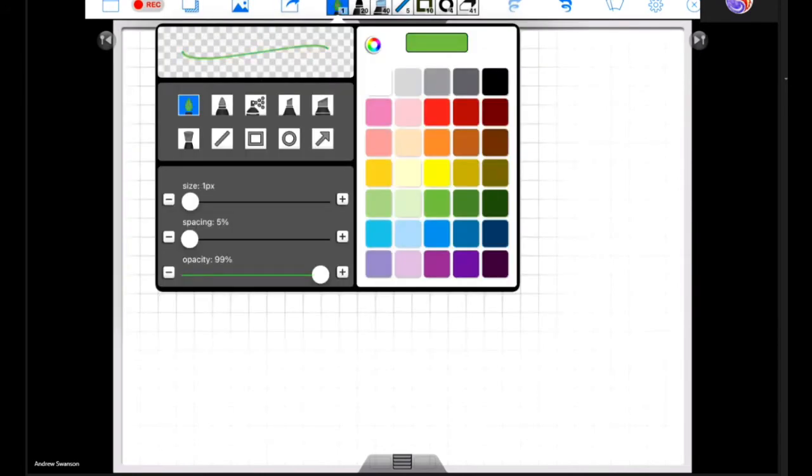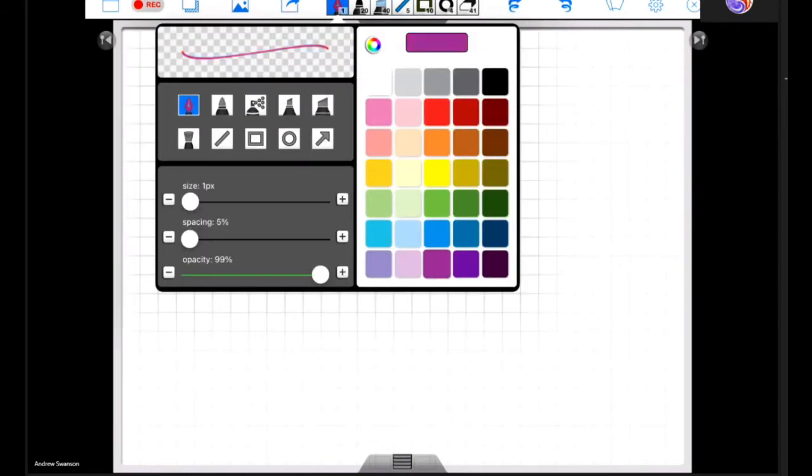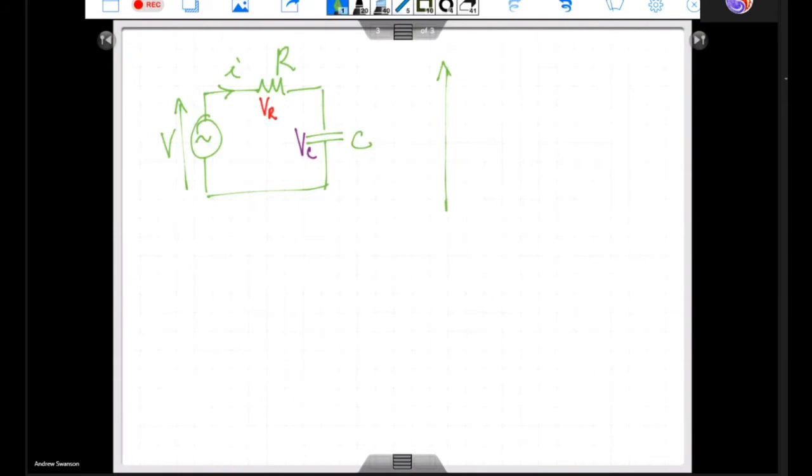Let's look at combining a couple of them. We'll put a resistor and a capacitor in series. Let's do the same thing.